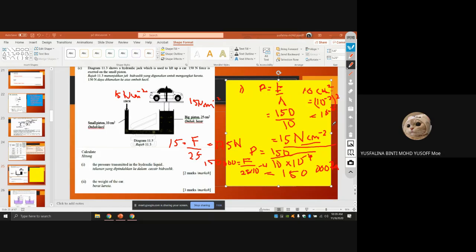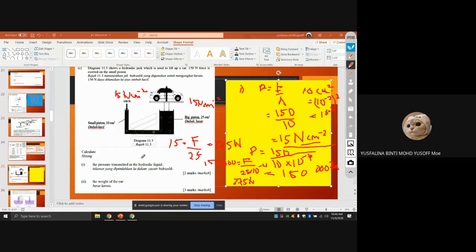The answer is 150,000 multiplied by 25 times 10 to the power of negative 4, so you got the same answer, 375 Newton. So it's up to you whether you want to change or not.